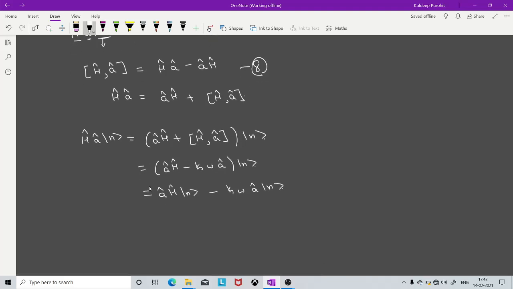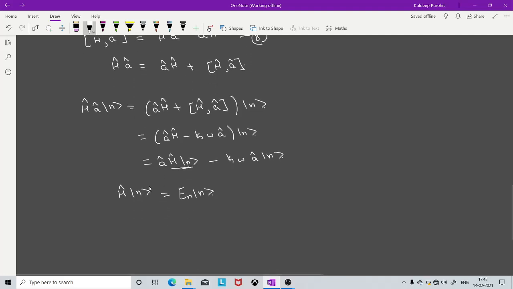This h, when it operates on n, will give you the energy eigenvalue of that state into the n vector. So I can write for this equation that En is just a number, so it will come out.